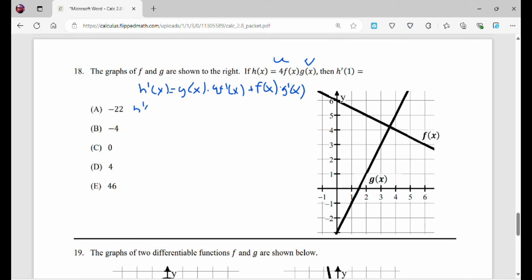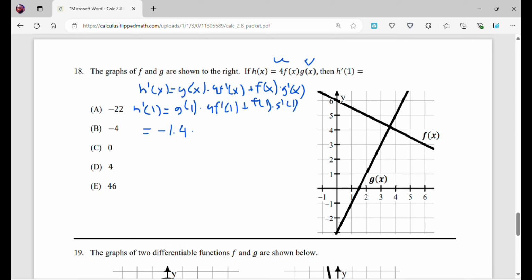So h prime of 1 equals g of 1 times f prime of 1 plus f of 1 times g prime of 1. G of 1 is -1, we're looking at the graph, right? Times 4 times f prime of 1. So f prime of 1, we're going to have to look at the average rate of change, the slope of f of x.